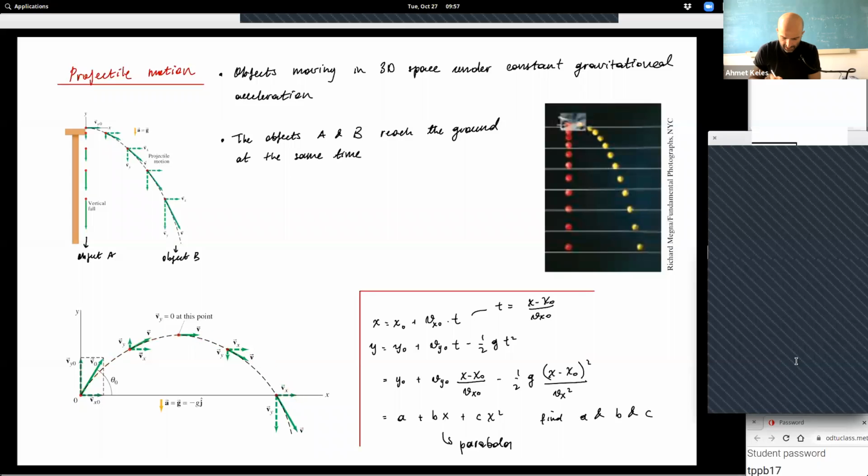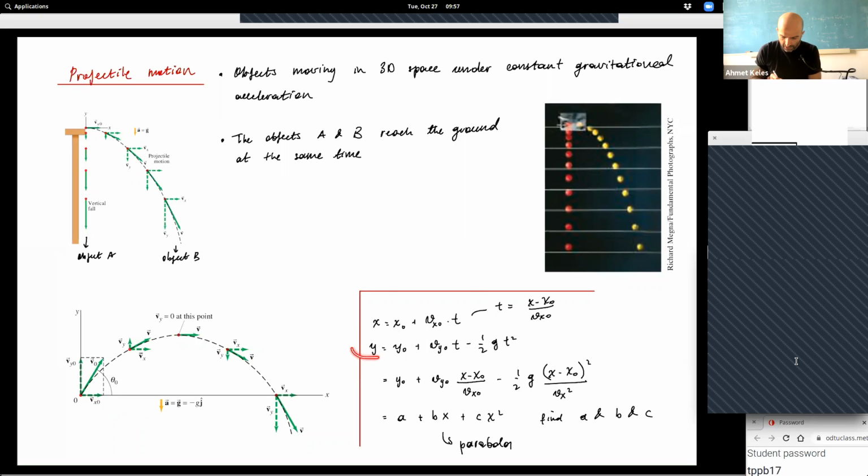The x coordinate is some initial x naught plus Vx naught times t, which is how your position along the x direction changes. And y is this simple gravitational motion: y is equal to y naught plus Vy naught t minus 1/2 g t squared.